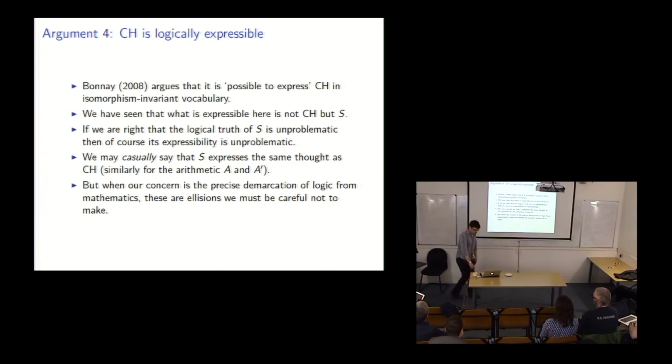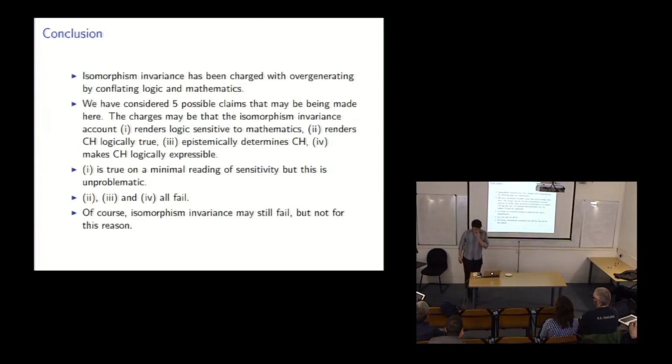Okay, so summing up, where have we got to? We've said that isomorphism invariance has been charged with overgenerating. We then considered 4 possible problematic conclusions that we can get to when we consider isomorphism invariance and the continuum hypothesis.